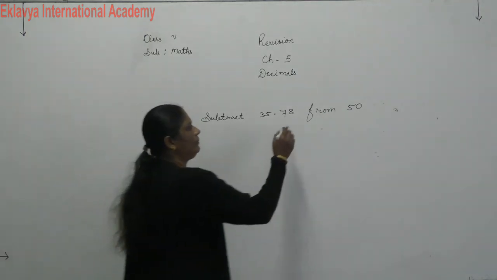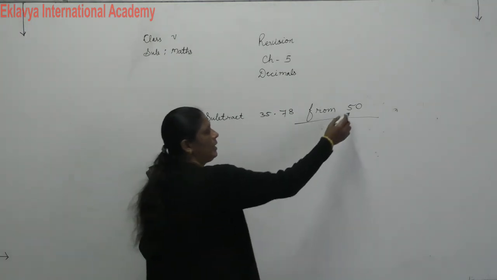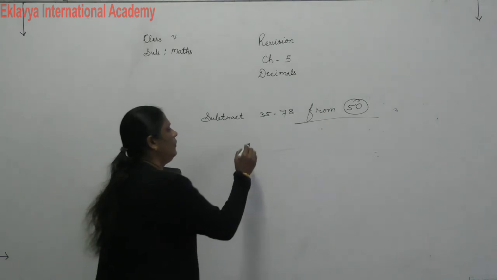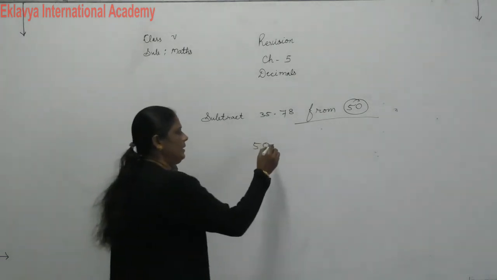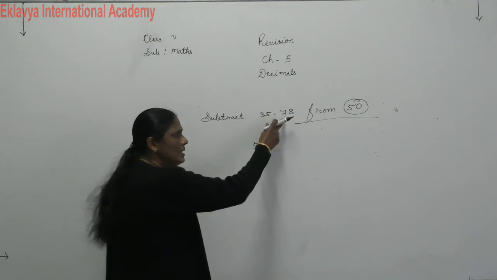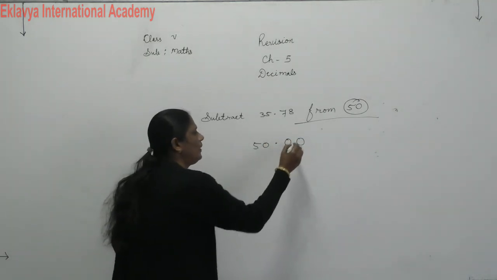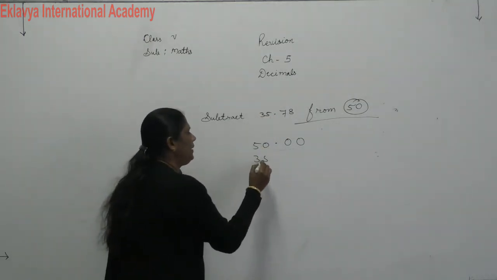First, which word does the from come with? From comes in the question. Therefore the second number is written first. 50. There is no decimal place here. How many decimal places do you put here? 2. Therefore you put 50.00. Understand?